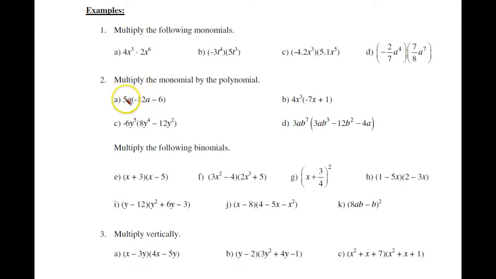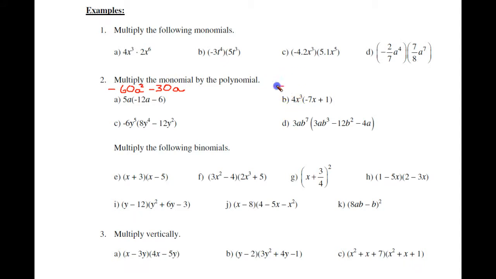Again, negative times positive will give you a negative, and then 5 times 12 is 60. A and A, there's a 1 by each one. Add them, a to the 2nd. Now, this is going to be a 5 times a negative 6, which gives you a negative 30. There's no a there, but there is one there. So you have to bring that along, a to the 1st.